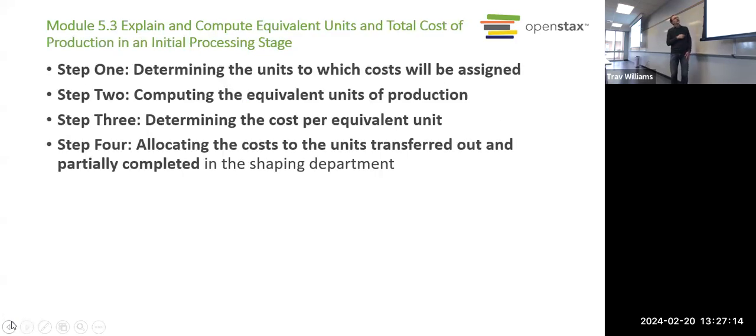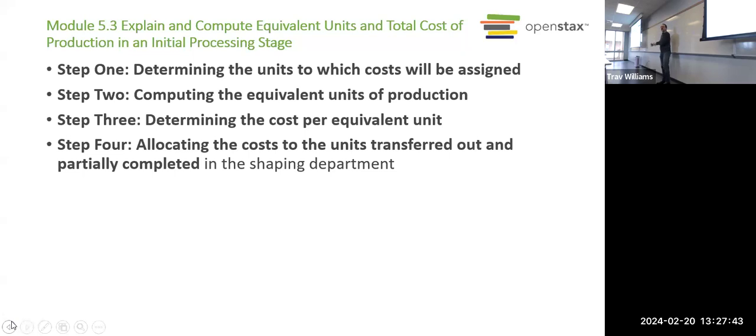Okay, so here's a 4-step process. You have to figure out how many units we're working with. What are the equivalent units of production? So going back to my same example, we take 1,000 units of wood. So 1,000, enough wood to make 1,000 pairs of drumsticks.